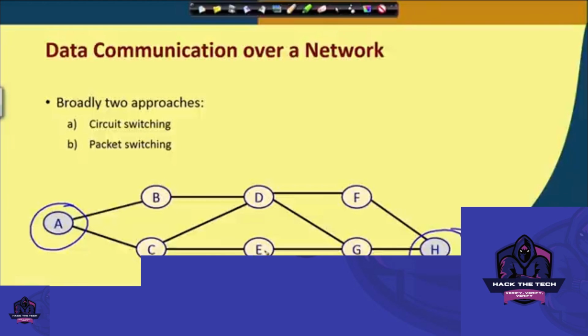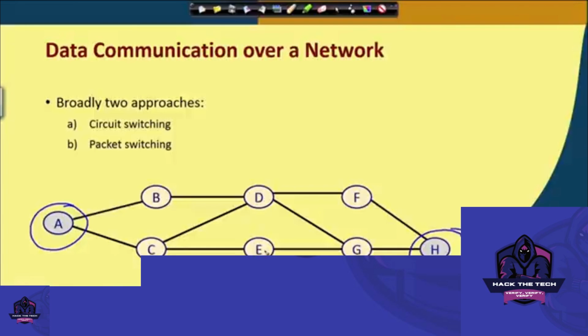From A to H there is no direct path. Whatever data you want to send has to travel through various intermediate nodes. In computer network terminology, these intermediate nodes are typically routers. We shall be looking into routers again later.